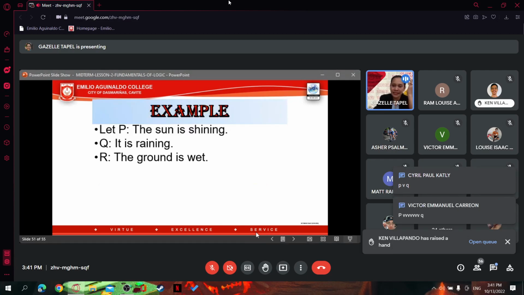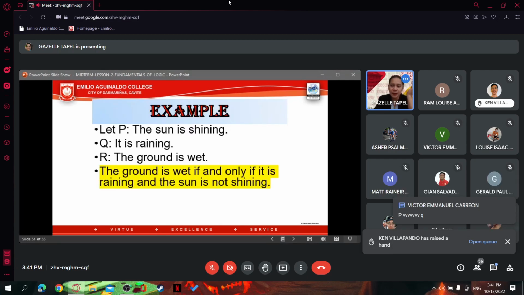Next. Same given. Here's the sentence. The ground is wet if and only if it is raining and the sun is not shining. Type your answer. Okay, hintayin natin yung sagot ng iba.